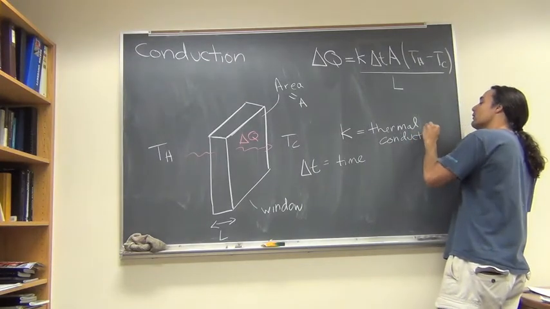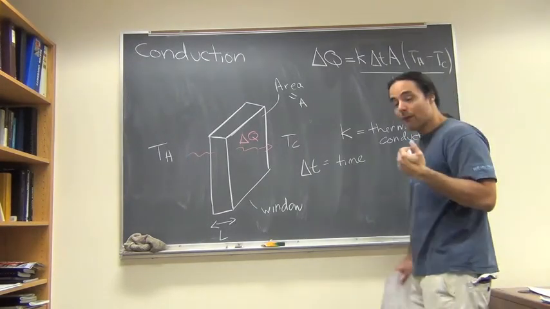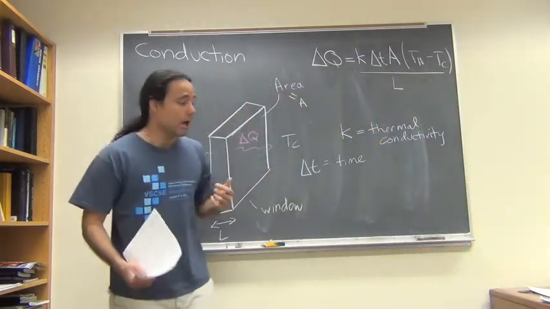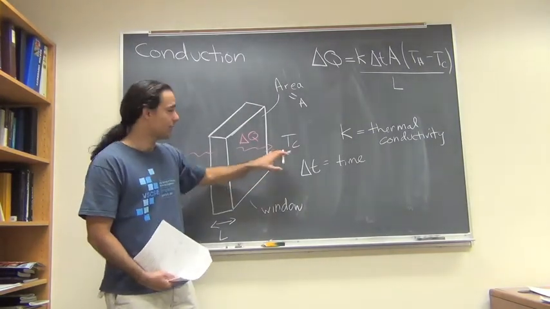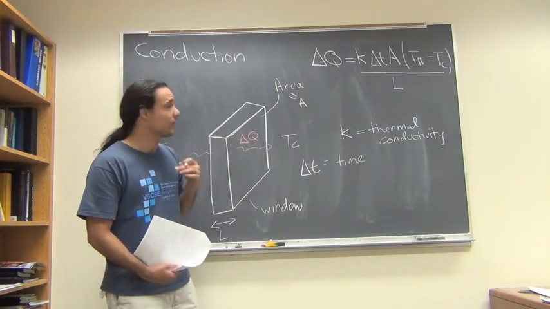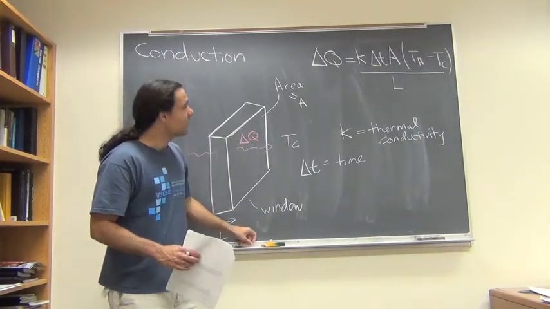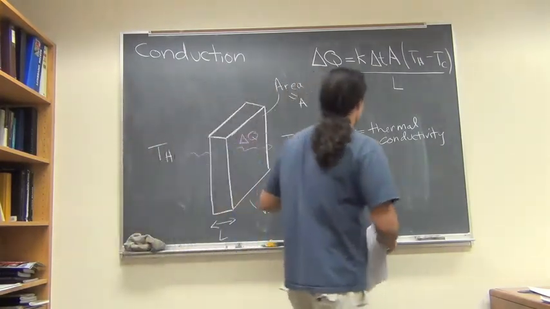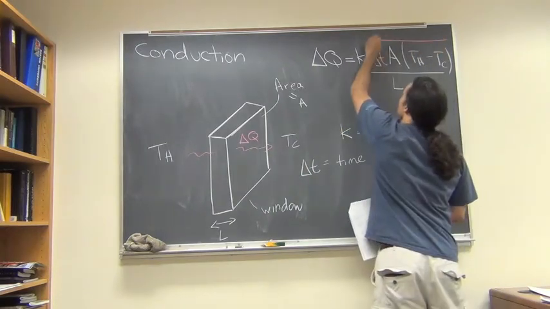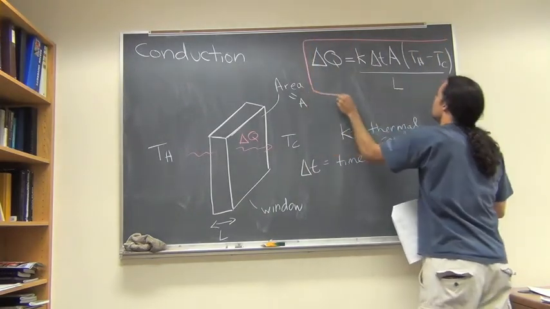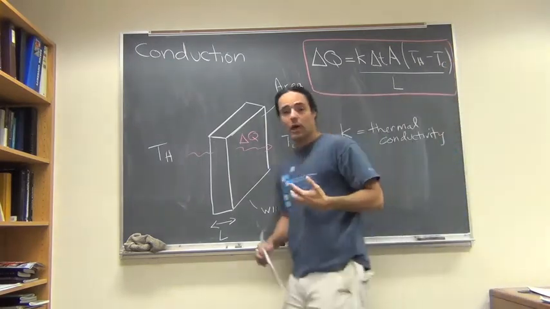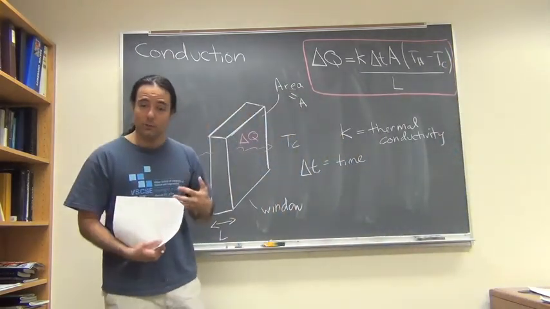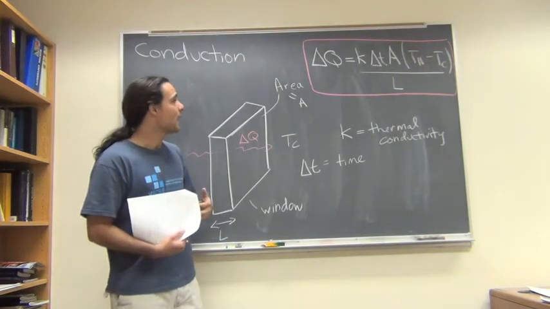Since it's material-dependent, it obviously will depend on what type of material you have. So, as we said, glass is different than concrete, is different than wood, etc. And that's basically it. This is going to be our equation for thermal conductivity, and we can figure out how much heat we're going to lose at any given time.